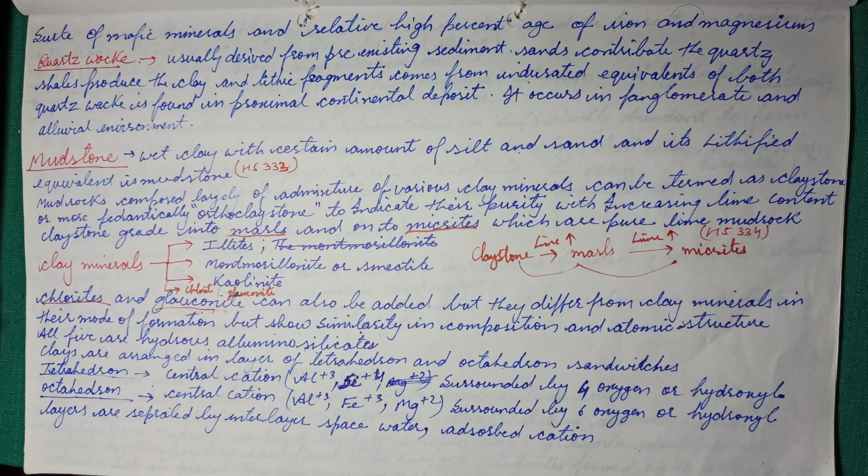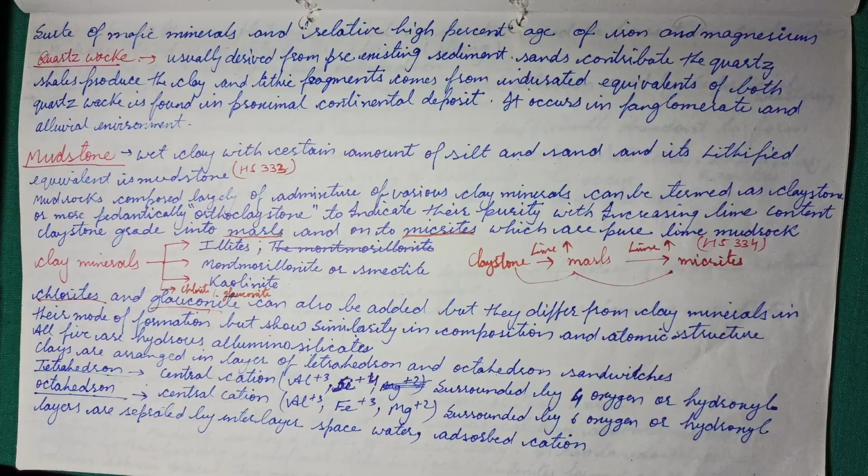Now we're discussing what a tetrahedron is, and how the tetrahedron or octahedron arrangement takes place. In the tetrahedron structure, aluminum and silicon occupy the center position, and they are surrounded by four hydroxyl ions or oxygen ions.